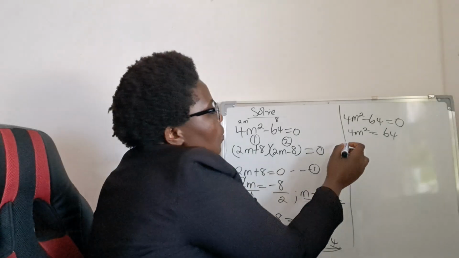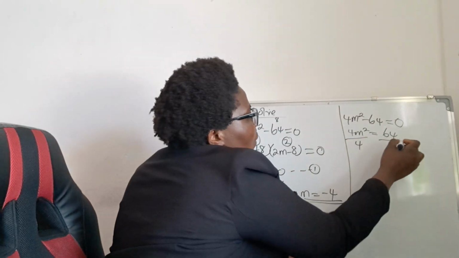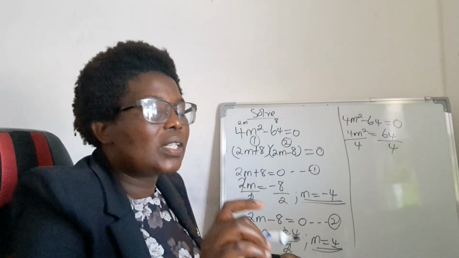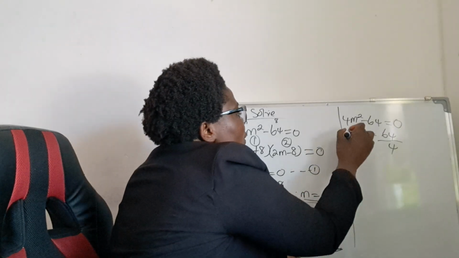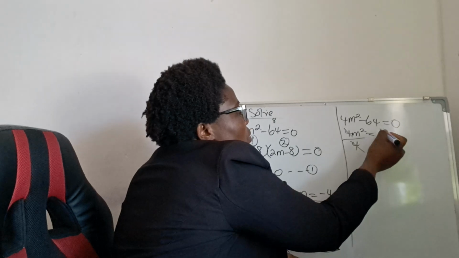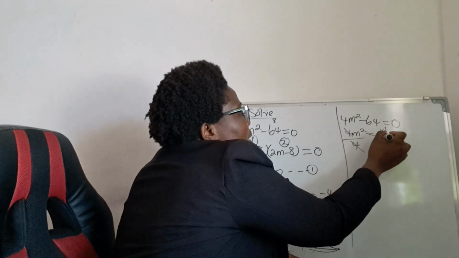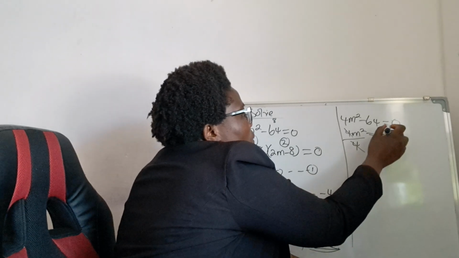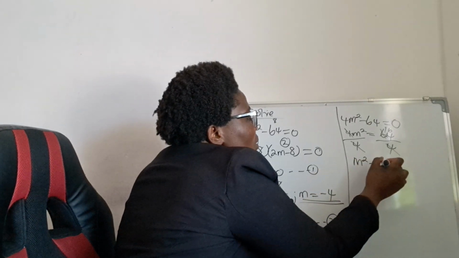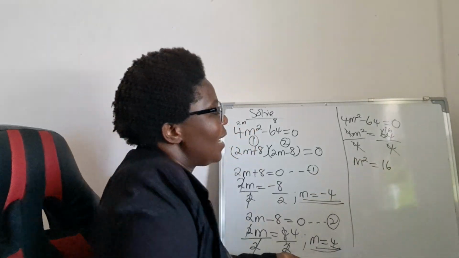You divide both sides by 4. You are trying to make m the subject of the formula. 4 into 64 is 16. So m squared will be equal to 16.